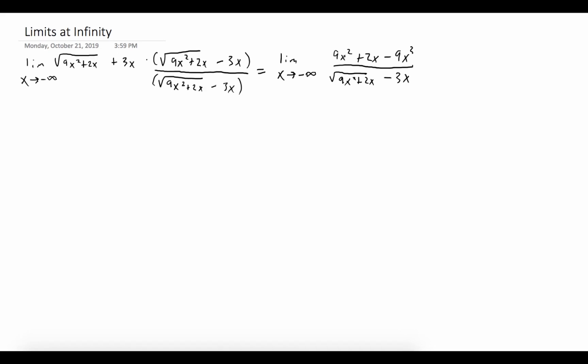And notice in the numerator, we have a 9x squared minus a 9x squared, so those cancel out. So we're left with the limit as x goes to negative infinity of 2x over the square root of 9x squared plus 2x minus 3x.